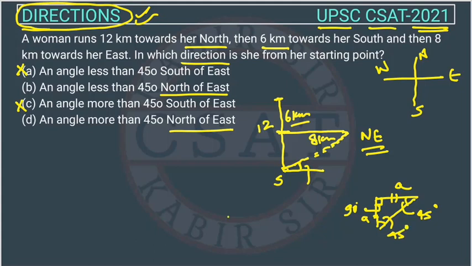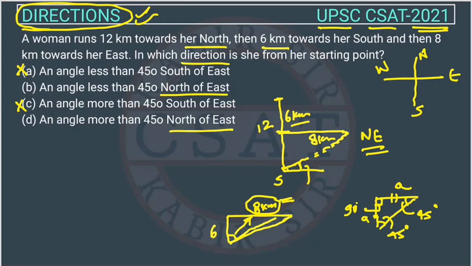Now in this diagram what is happening, this is 8 km and this is 6 km, right? And this is a figure, right? So what happens, the angle in front of this side is 8 km. So there is a concept in mensuration that the angle in front of the greater side is greater, right?